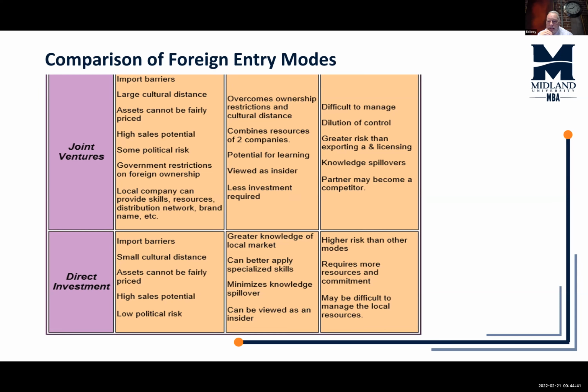What are some disadvantages? Foreign direct investment is the highest amount of risk. Export is the lowest amount of risk, then licensing, then joint ventures, and then foreign direct investment, which is the highest risk.